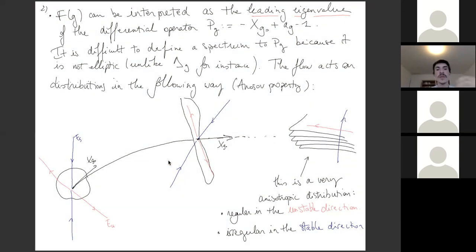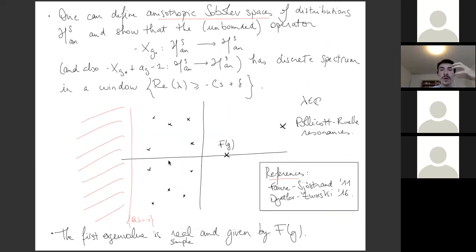And what you can prove is that you can define Hilbert spaces of distributions, which are called anisotropic Sobolev spaces. I will denote these spaces by H^s with subscript AN for anisotropic. And you can show that the unbounded operator X_{g0}, so the derivative in the direction of the geodesic vector field, acting on this anisotropic space of distributions, has discrete spectrum in a spectral window, which is real part of lambda bigger than minus a constant times s.